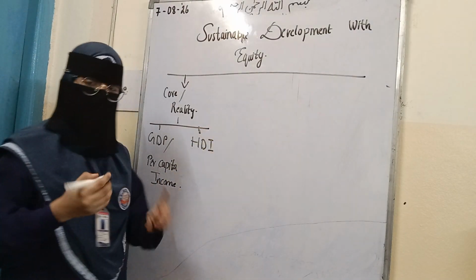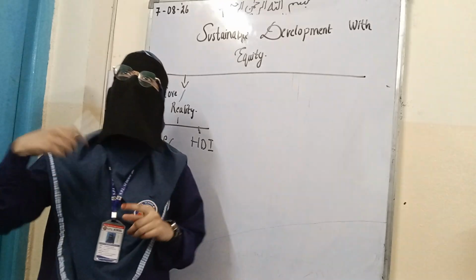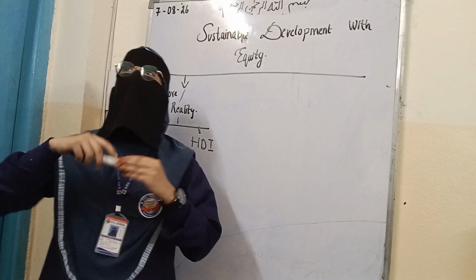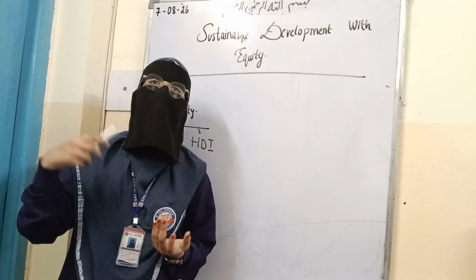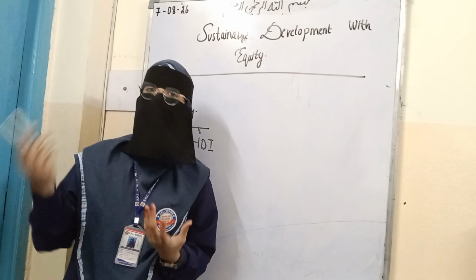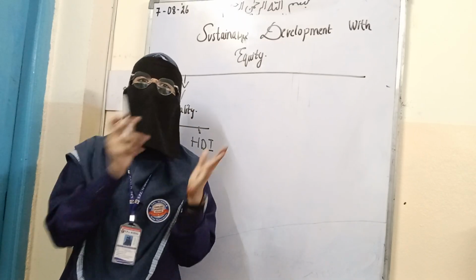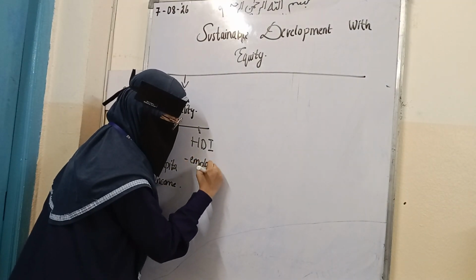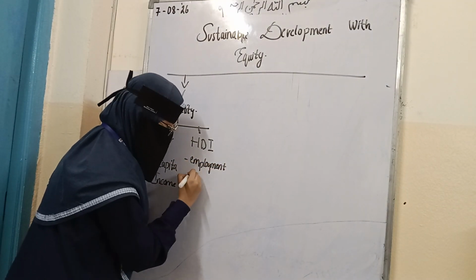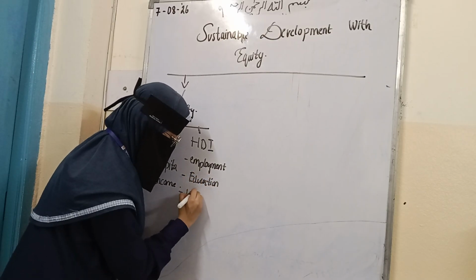Now consider a daily life example. I have given two options. In the first option, I can develop only in the sector of economy. Means I can develop the value of goods in production and trade, import, export. This all I can focus on. On the other hand, I can focus on employment, education, and most importantly, health.